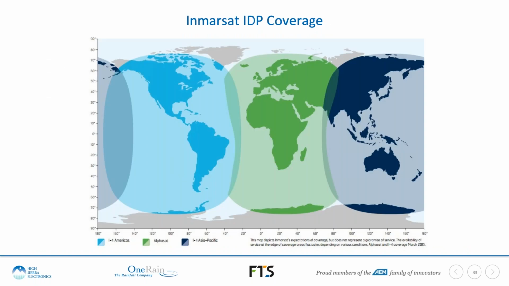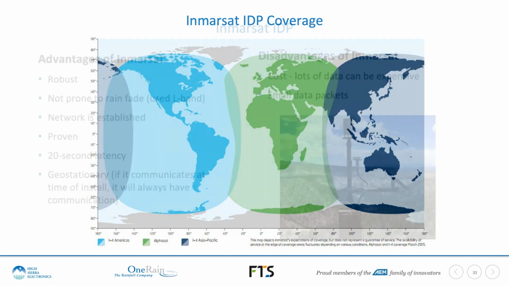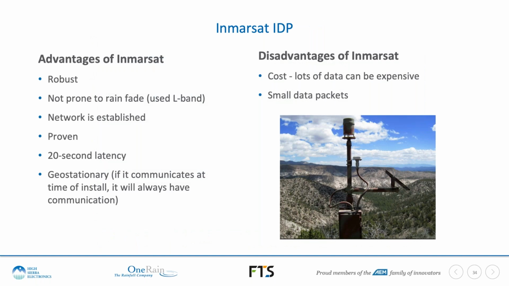This just gives you an indication here through this map of really the coverage. The coverage is great unless you're on the tips of the Earth. And I don't think anyone on this call is. So in terms of what we're looking for in this group, you'd have great coverage.